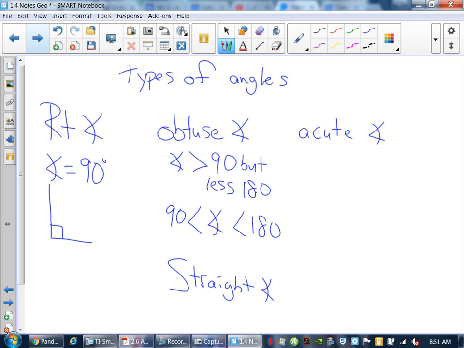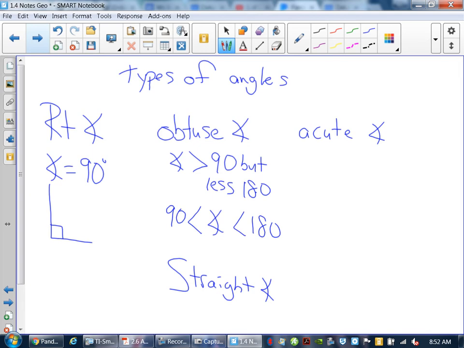I would hope that someone would have proofread that book and said it should say greater than 90, because if you're 90.00001, you're no longer a right angle. Exactly. As soon as you get larger than 90 degrees, it's no longer a right angle. So it's any angle between 90 and 180, excuse me, that's the obtuse angle.